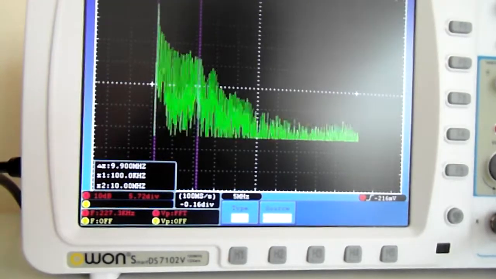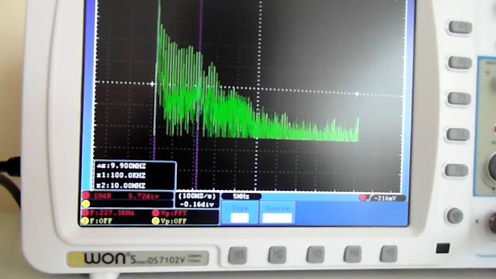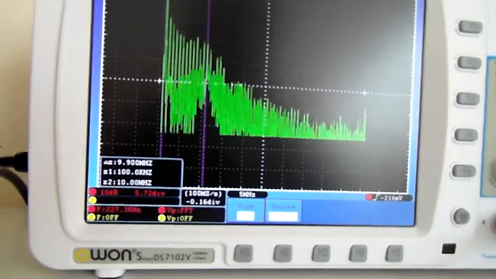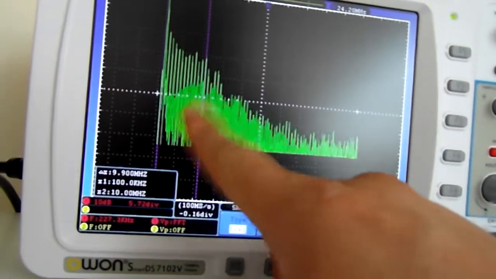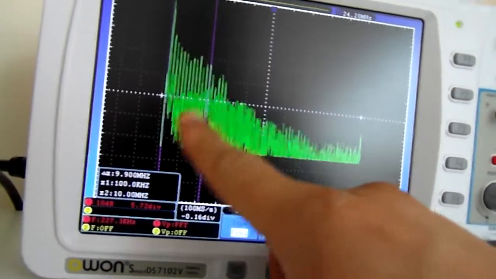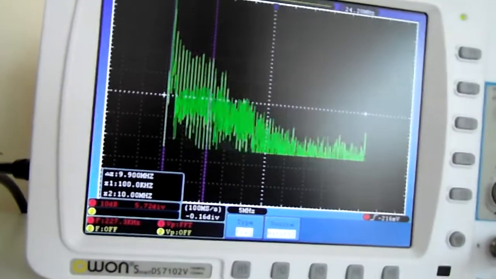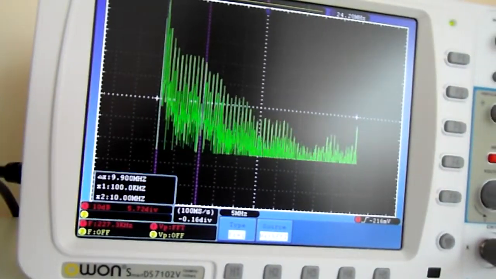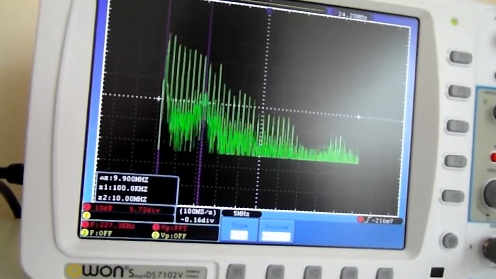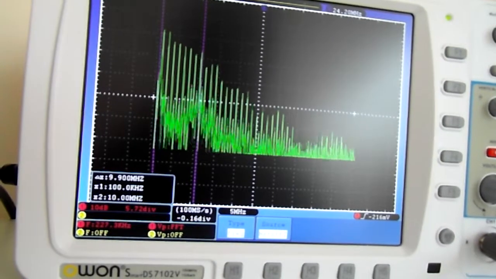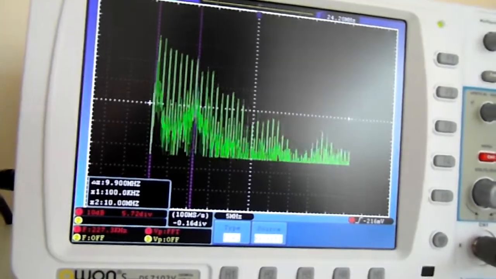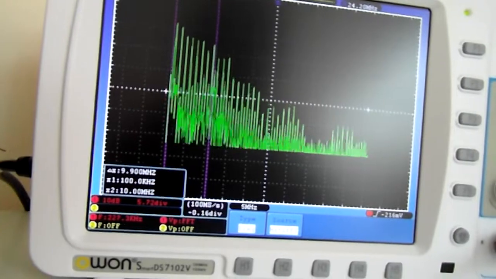Now I'm giving the input. As we see, there is a tendency, there is a tendency always wants to make this. Then I'm going to higher frequency. 650 kilohertz is given.